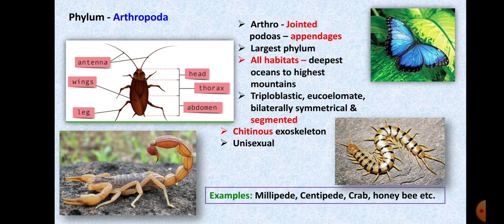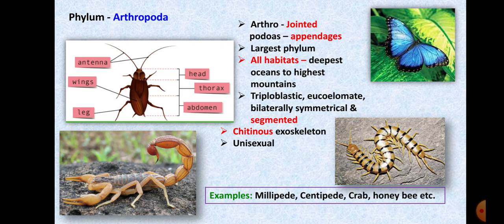So whichever organism has such joint appendages will be categorized under phylum Arthropoda. Even when we talk about our joints, you might have heard of a disease called arthritis. Okay, so that means that person is suffering from the pain of joints in their body. So you can relate like this.